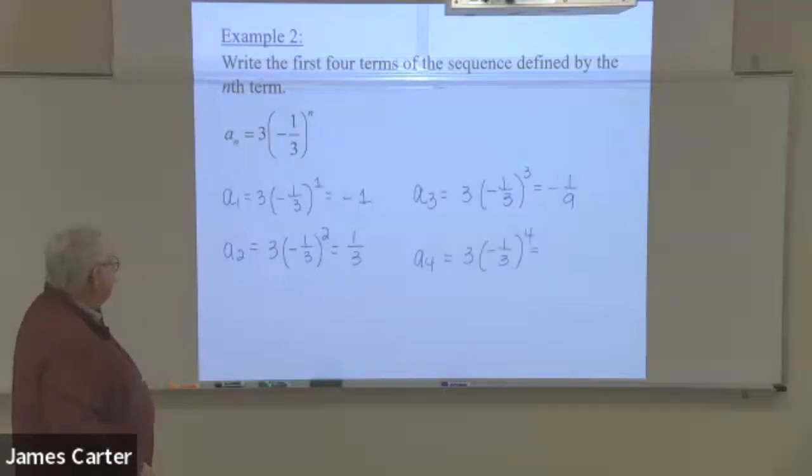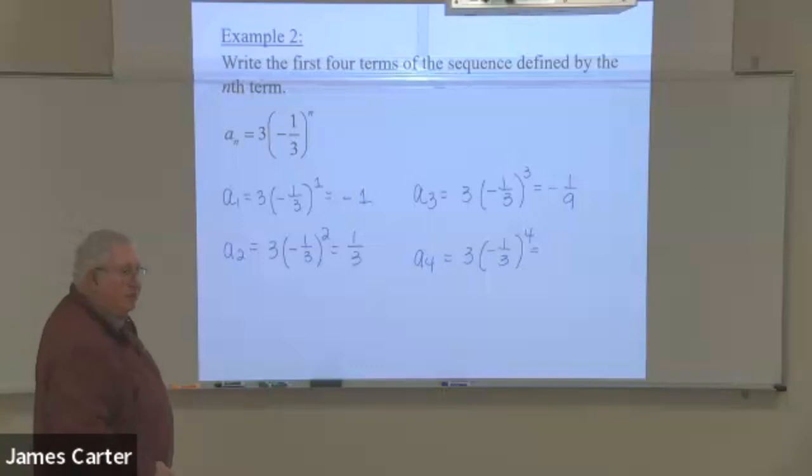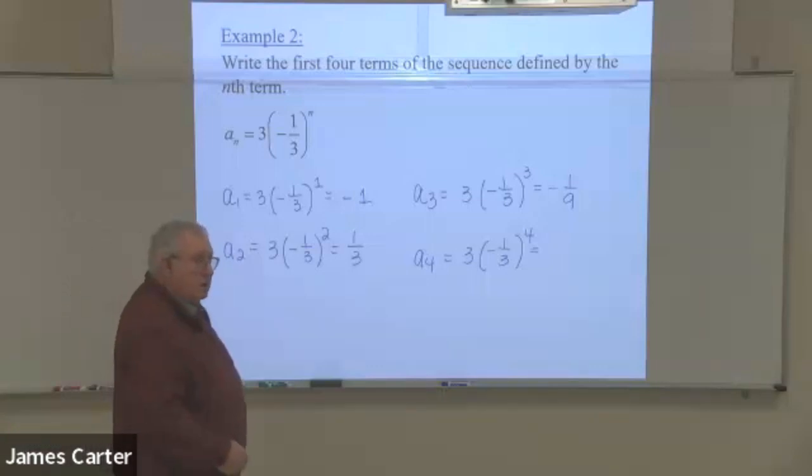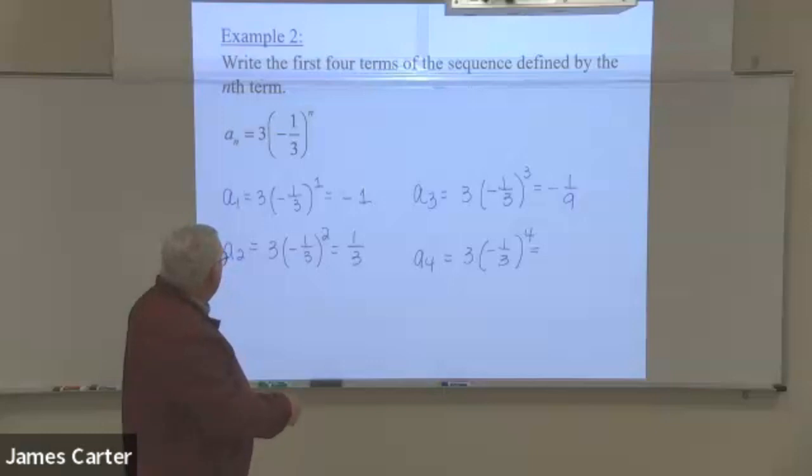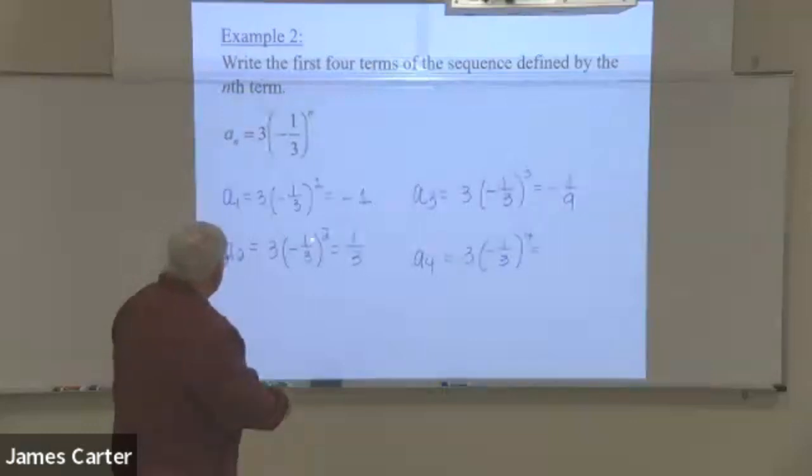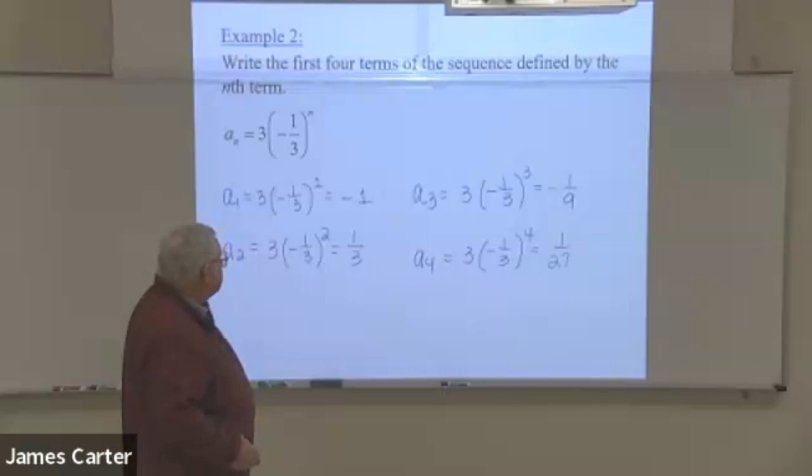The fourth term, we're going to get an even value again this time. We're going to get a positive value because a negative to an even power is positive, just like it was over here to the second power. So we get positive 1/27. Now, negative 1/3 to the fourth is positive 1/81 if you want to put it in.